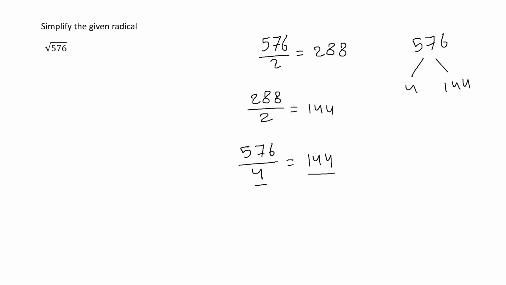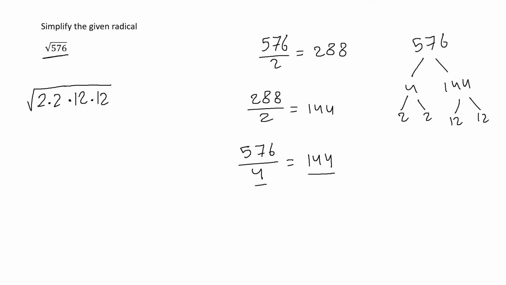So the 4 is basically 2 times 2, and the 144 is 12 times 12. Now we can rewrite this radical as the square root of 2 times 2 times 12 times 12.